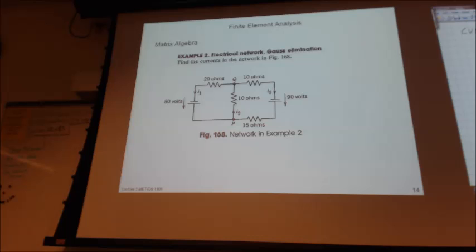So if we say the loop on the right, what do we got going around that loop? We've got 10 ohms and 90 volts. Or no, we've got 25 ohms, right?